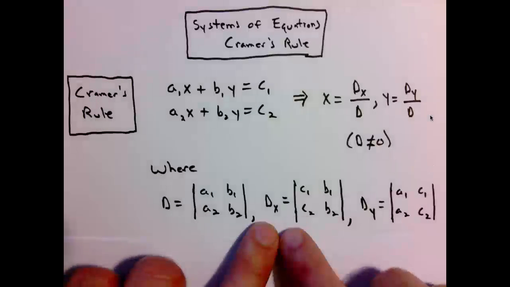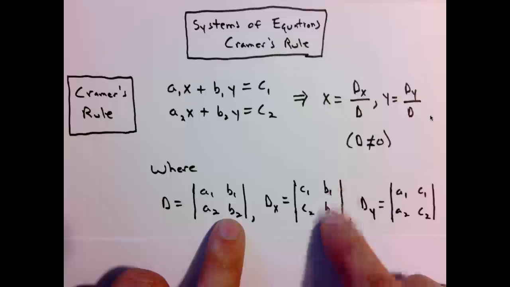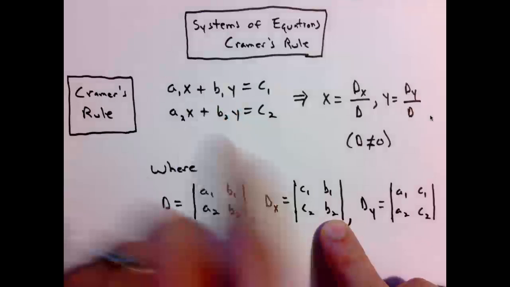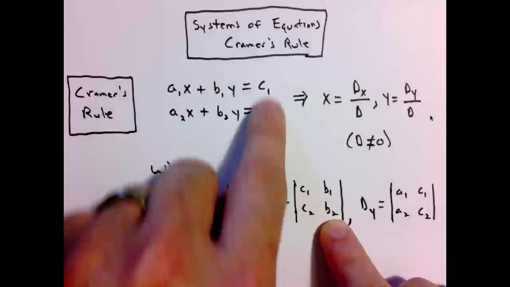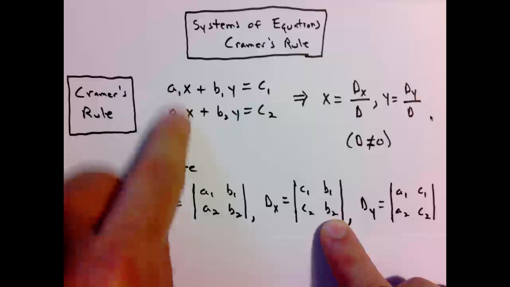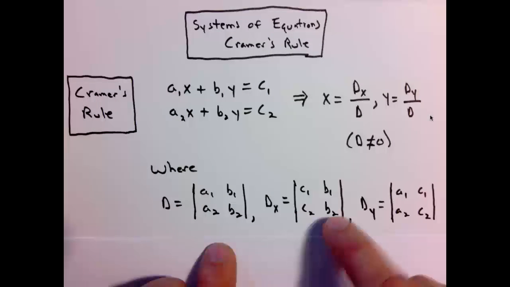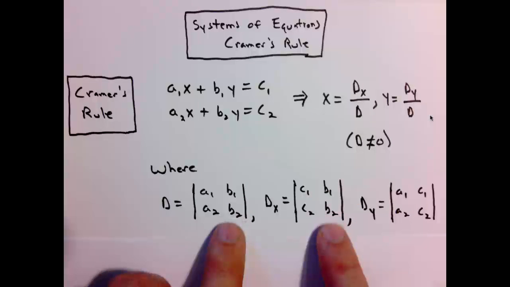Well, this D sub x, all we've done is notice b1, b2 remain the same. That is, the y's stayed the same. But when we're finding the x coordinate of the solution, we have taken the constants, the equal to part, and replaced the x part. One more time, the difference between this one and this one, notice that the y column stayed the same.